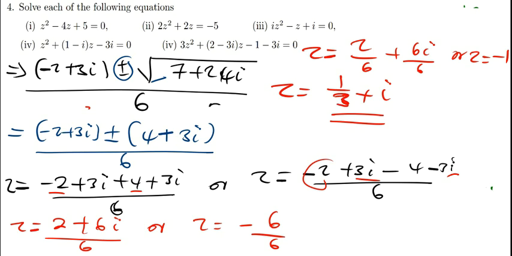The second part is that z is equal to negative 1, where the imaginary part is 0i. So that is what you need to know about solving quadratic equations involving complex numbers.